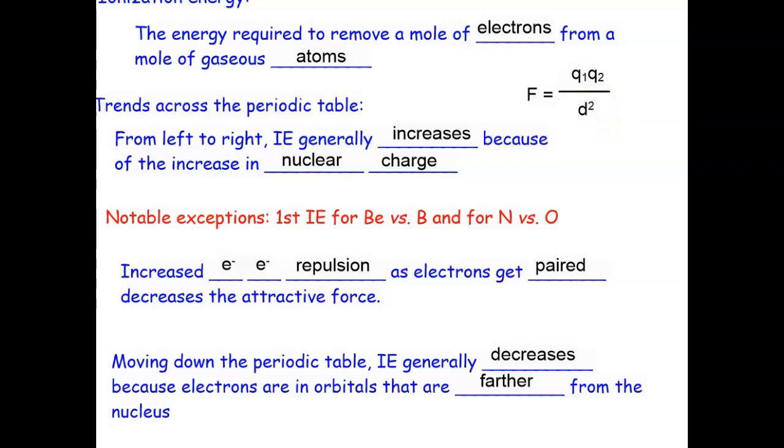So it turns out that distance is more important in this case for ionization energy, and so the energy level is going to really control what's going on.